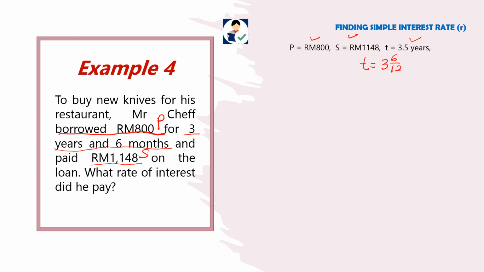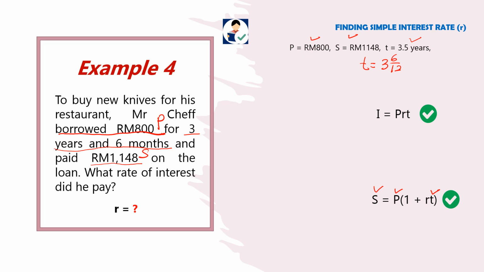So the question is, what rate of the interest did he pay? So we want to find R. For this question, we can use formula I equal to PRT or S equal to P times 1 plus RT, because based on the question, we have S, P, and T.